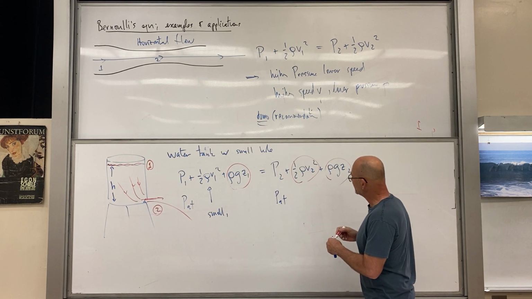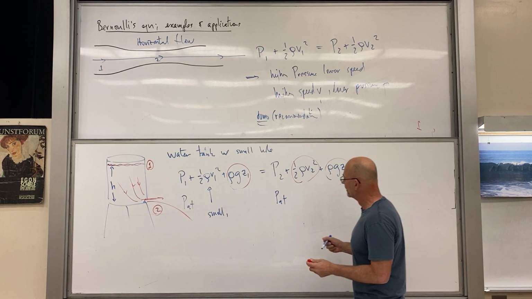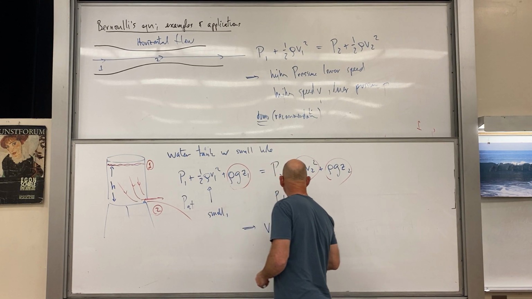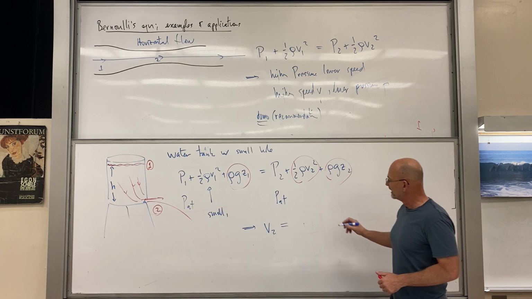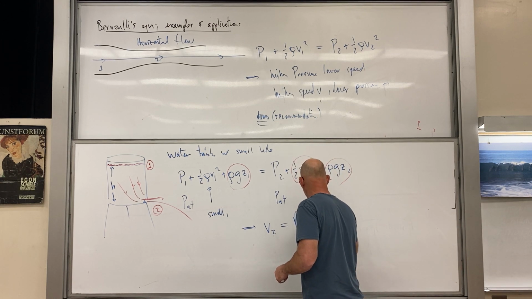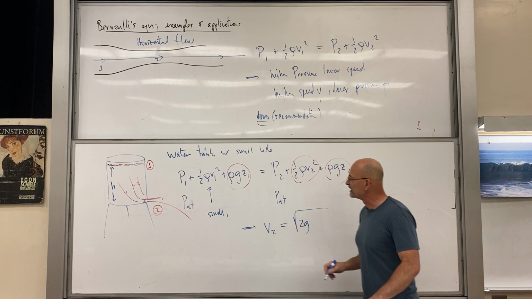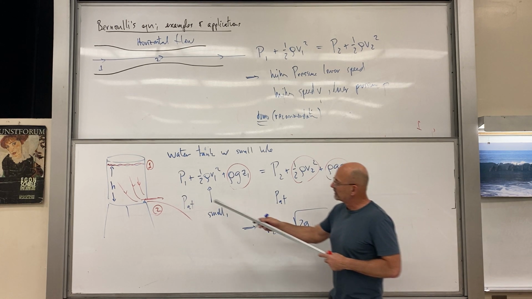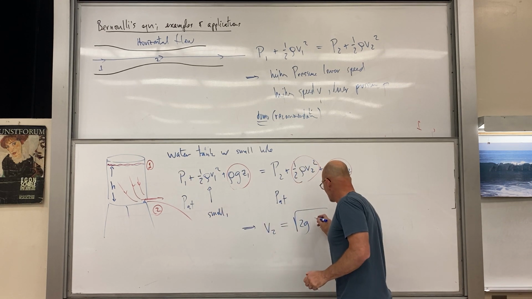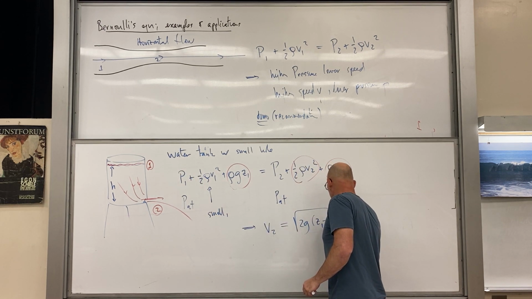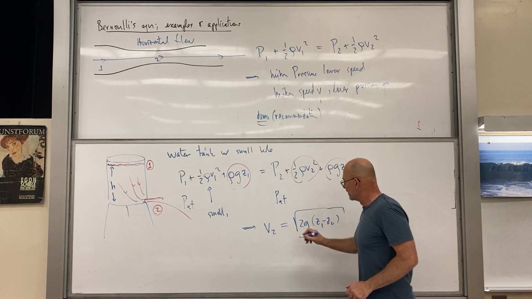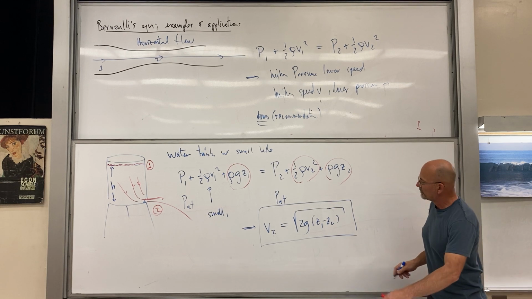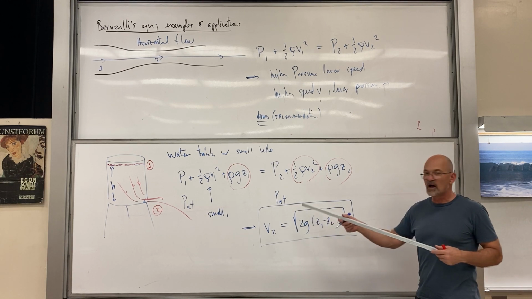And we're just left with these three here, and in particular we'll just solve for V2. So what do we get? We get V2, rho cancels everywhere, is just going to be the square root of 2g times that height difference, Z1 minus Z2, which is just h. So I'll go ahead and write it out. Z1 minus Z2. That looks just like the speed that something would acquire falling through that vertical distance, like the law of free fall.